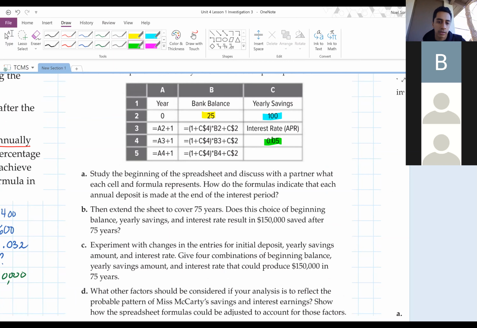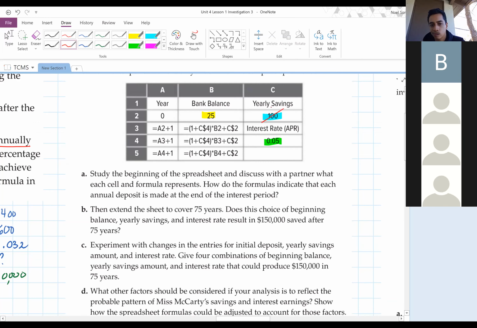What do you think would be a good choice? I think, would it be the amount that she deposits each time? Yeah.